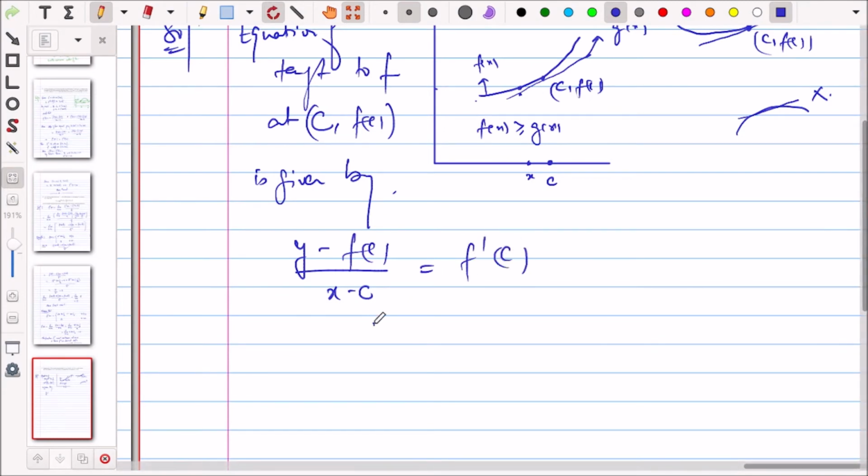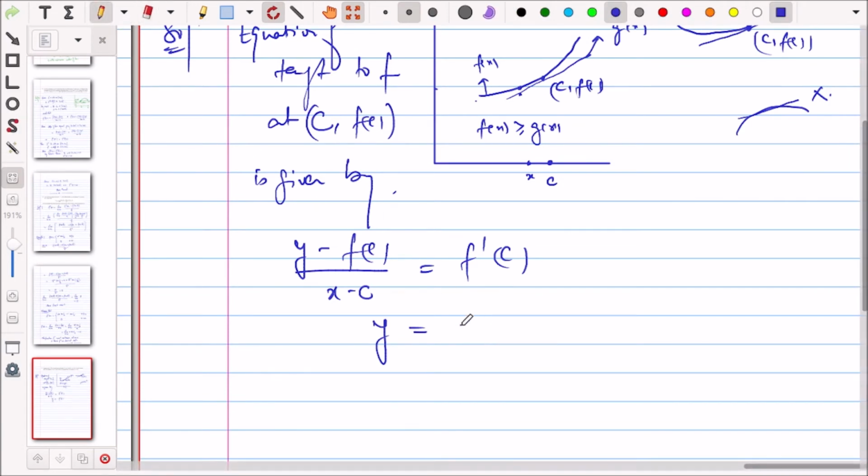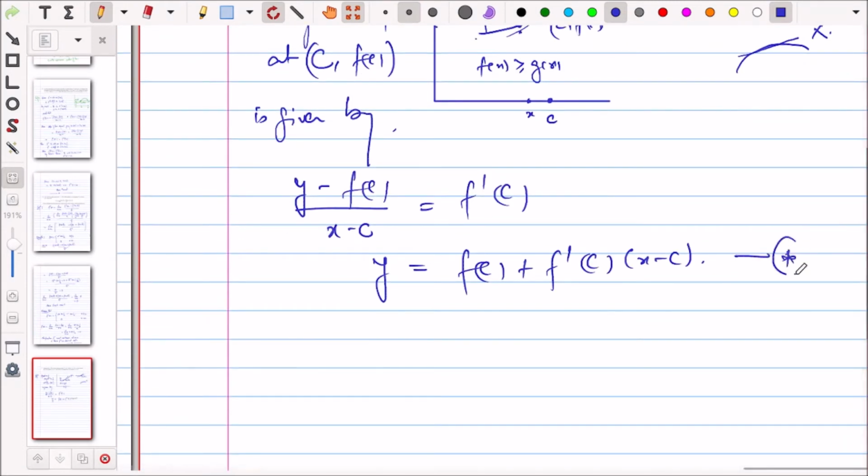So y is equal to f(c) plus f'(c)(x minus c). This is the equation of the tangent to the curve f at c.